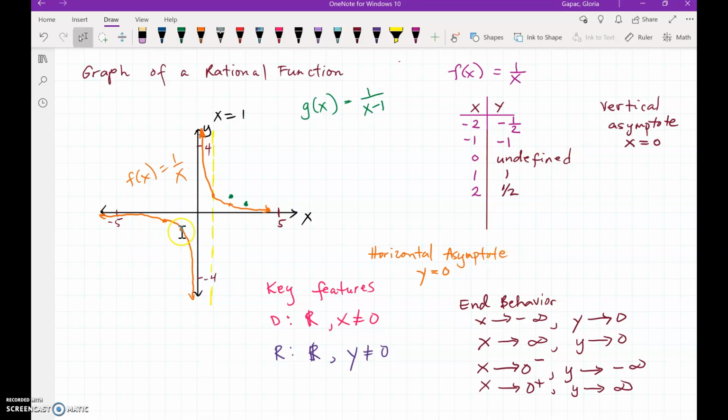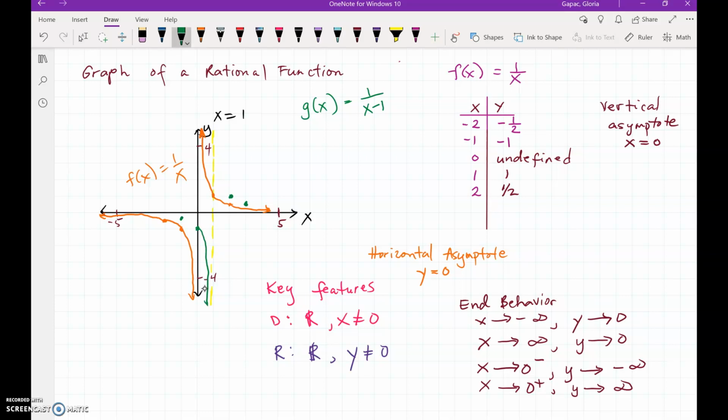So doing the same thing here, 1 unit to the right. So I got a new point here, and also with this one, 1 unit to the right. Okay, so the same thing is happening as I get closer and closer to 1 from the left side. This one is going to negative infinity, this end.